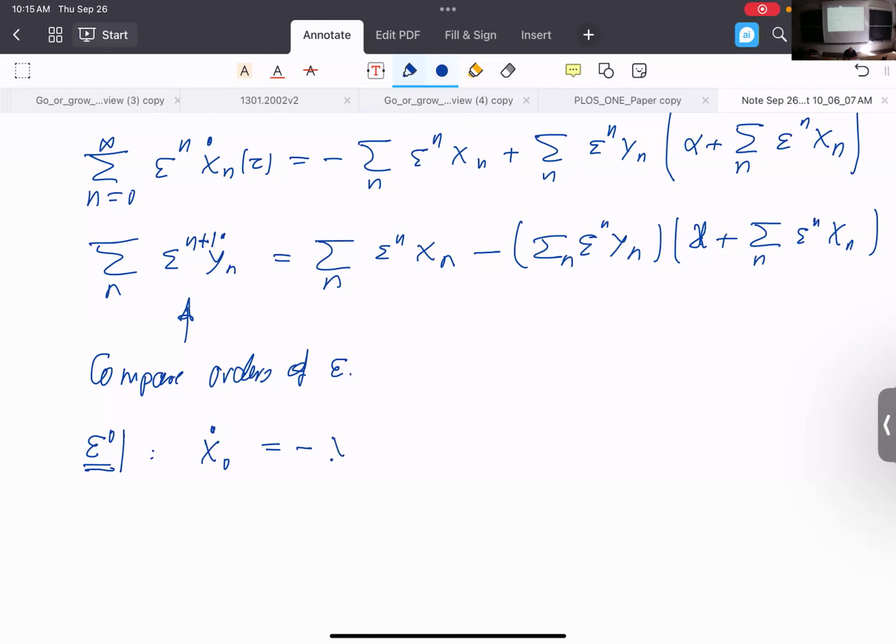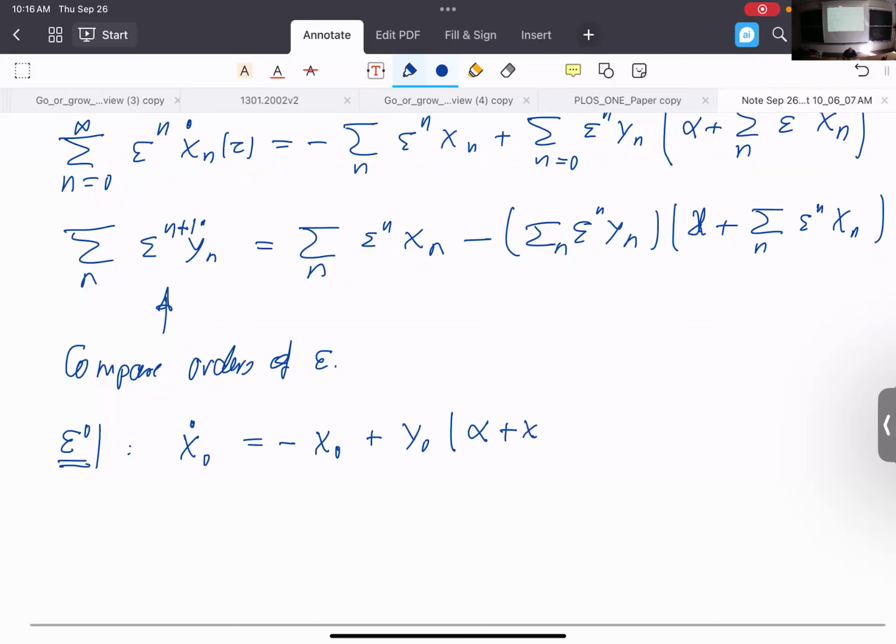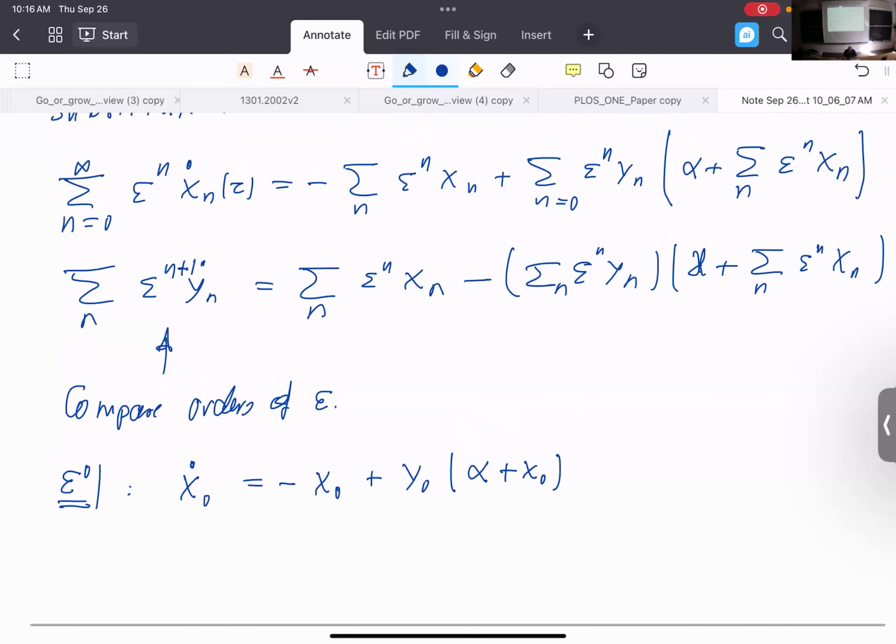The only 0 term is the x0. And then in this product term, if n is 0, we get a y0, and the alpha is just a constant, and we get the x0 from there.